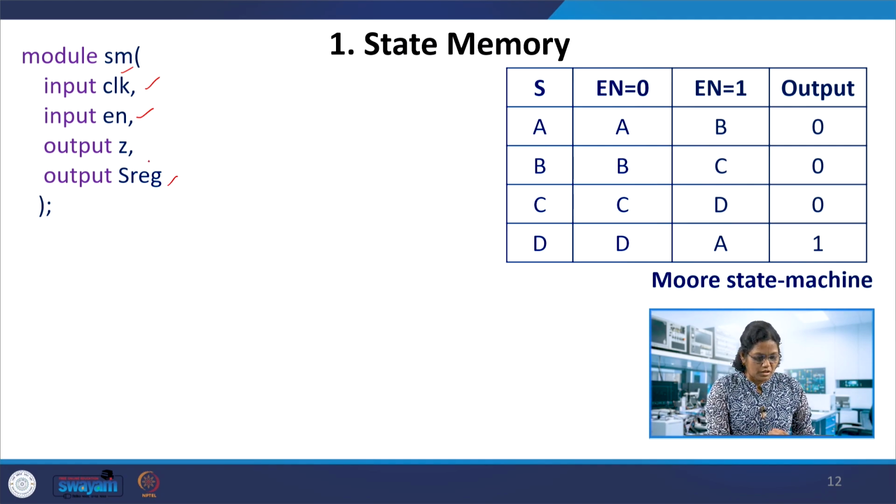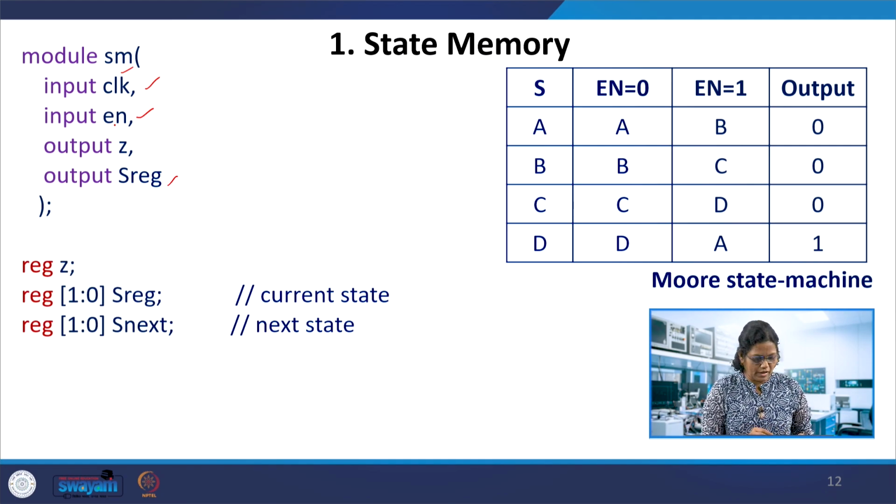This is the module description, and then comes the declaration. For the declaration, Z is the output, for which we will be using an always block, and then sreg, which is the current state, and S next, which is the next state. That means it is the output of the next state logic, which is the input to the D flip-flops. The range is 2 bits, because we have D0 and D1, and the current state is also 2 bits; A, B, C, D are 2 bits here.